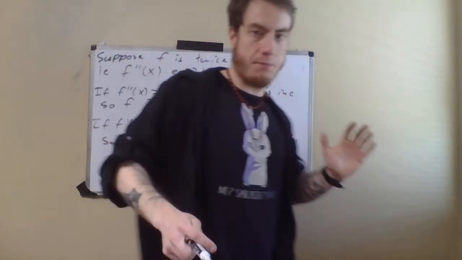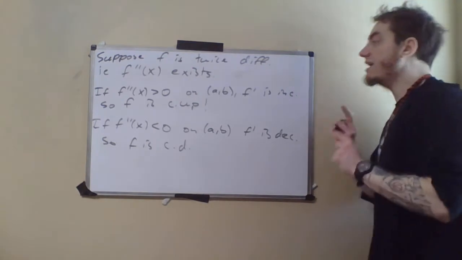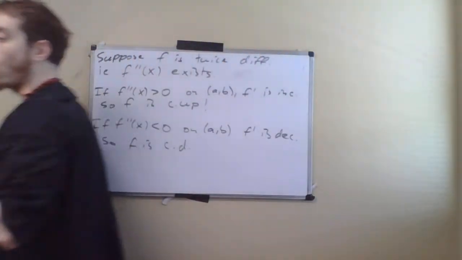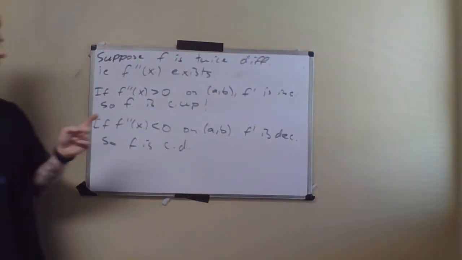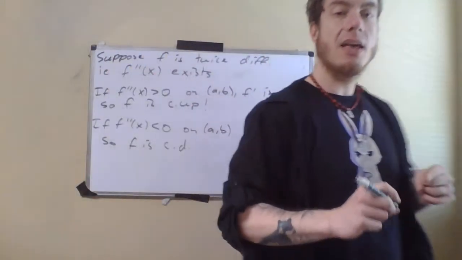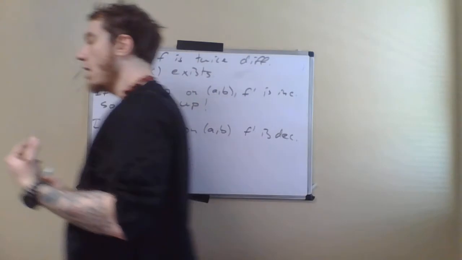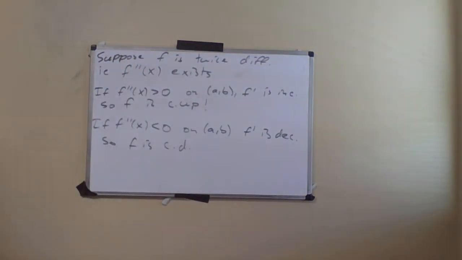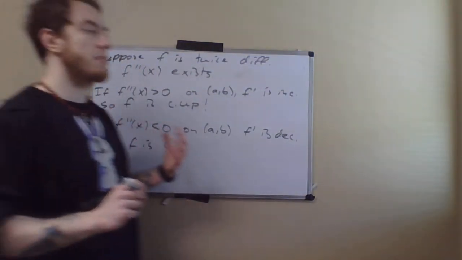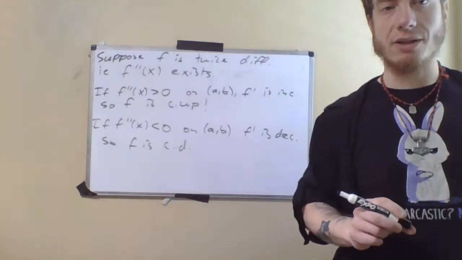And there we go. So the second derivative actually gives us a lot of important information here. It tells us about the concavity. And not only does that tell us something about the shape of the graph in general, but this also allows me to determine whether something is a local maximum or a local minimum.